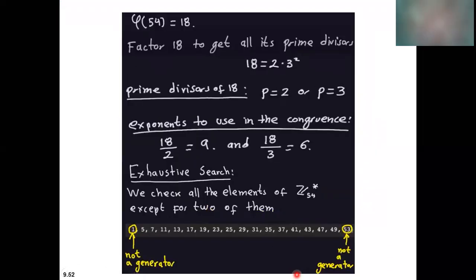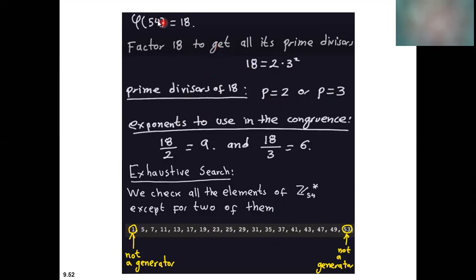The second step is to factor 18. So, dear students, phi of 54 is 18, and the factorization of 18 is 2 into 3 squared, a product of prime powers. So I can take the prime divisors of 18, which are 2 and 3.